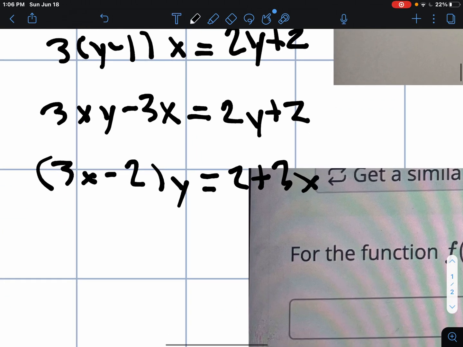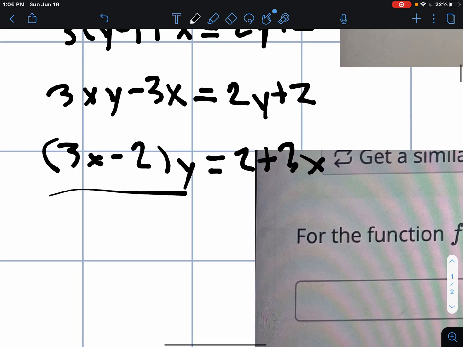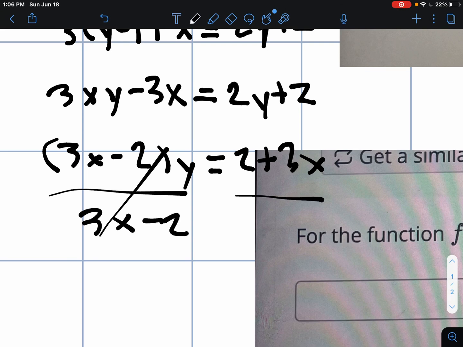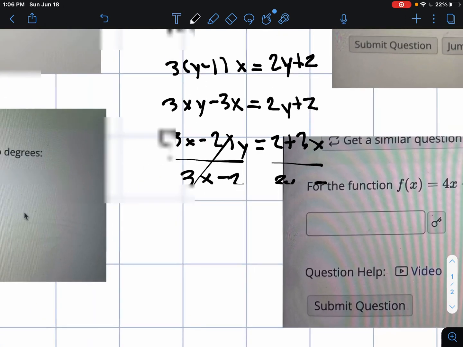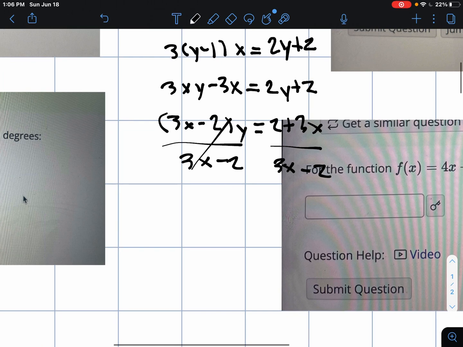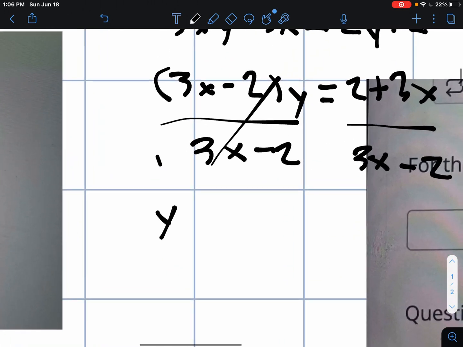And then we divide by 3x minus 2. So that would become y. We have y isolated now.